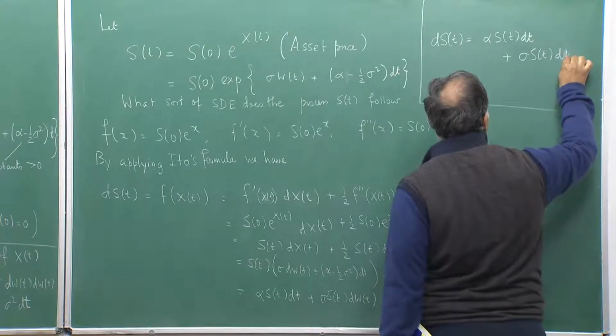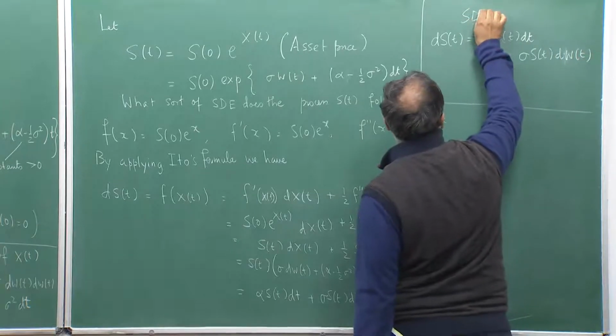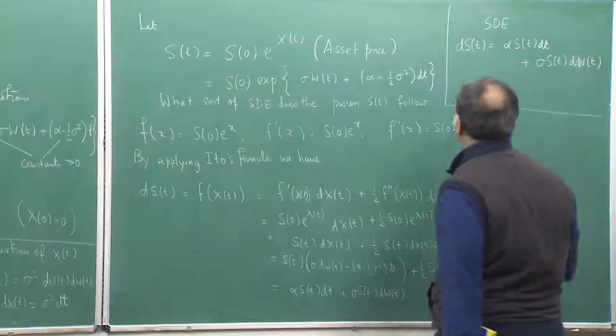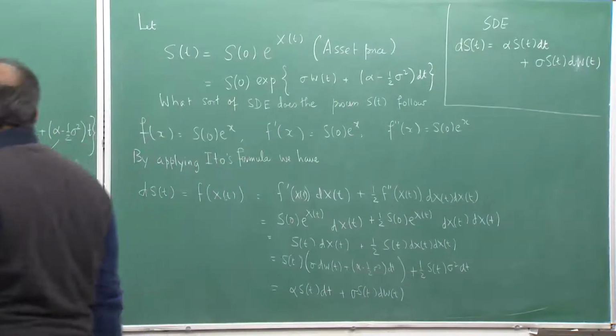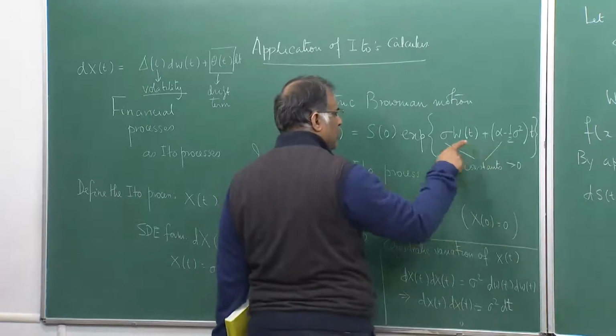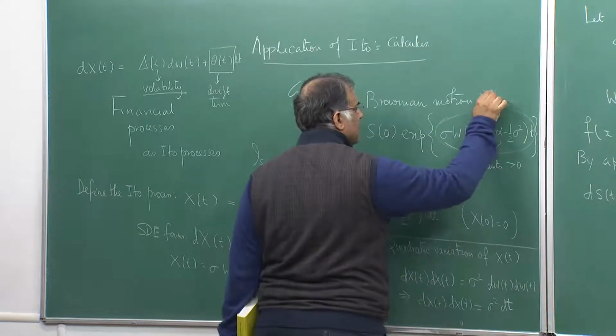So, this is the stochastic differential equation followed by a price process. See the clever way we have applied the Ito calculus. This function we have considered as Xt, the process.